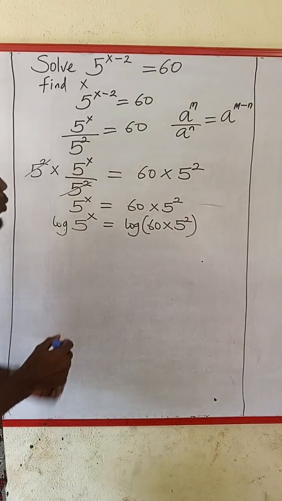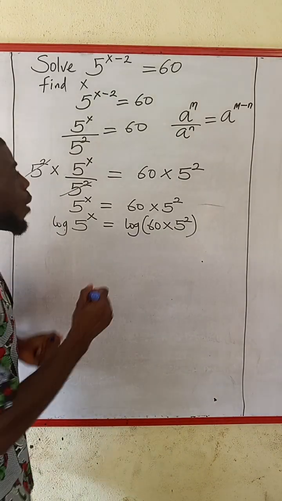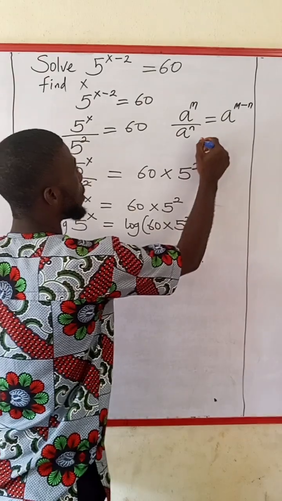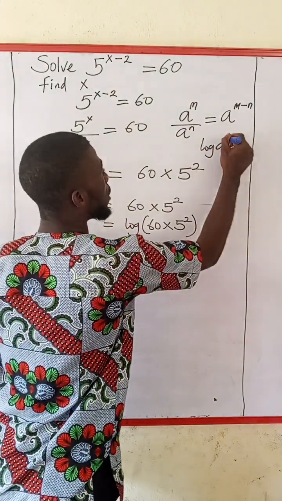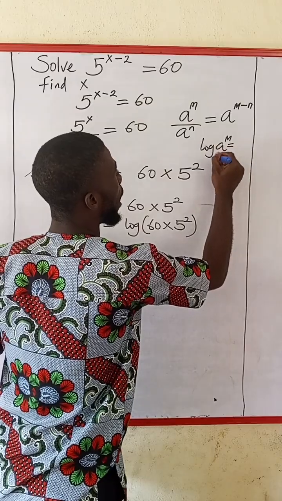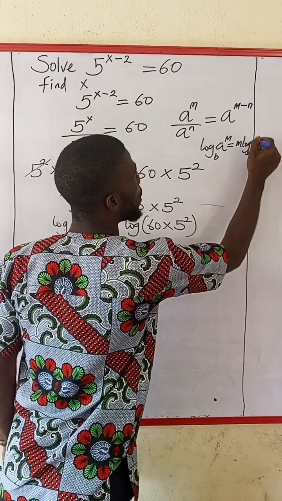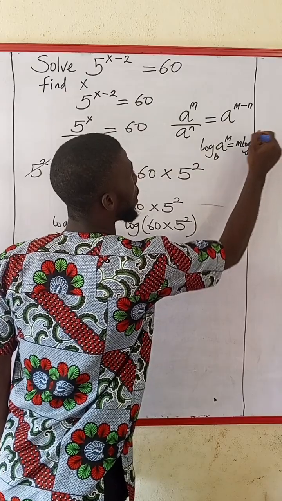Also remember that from the laws of the logarithm, under the power rule, we say that if we have something like this, log a raised to the power of m, that this is the same thing as m log base b of a.